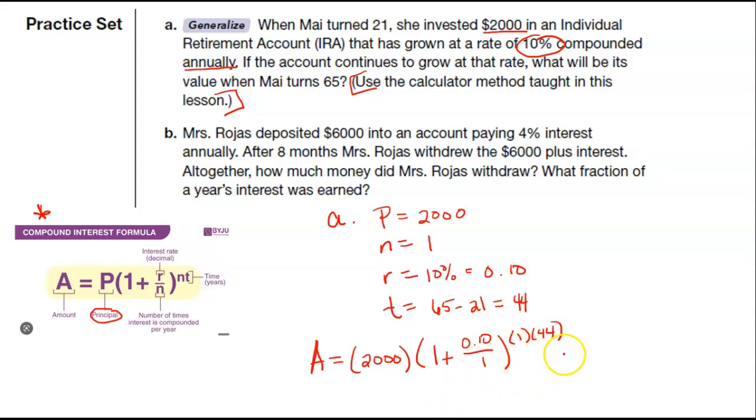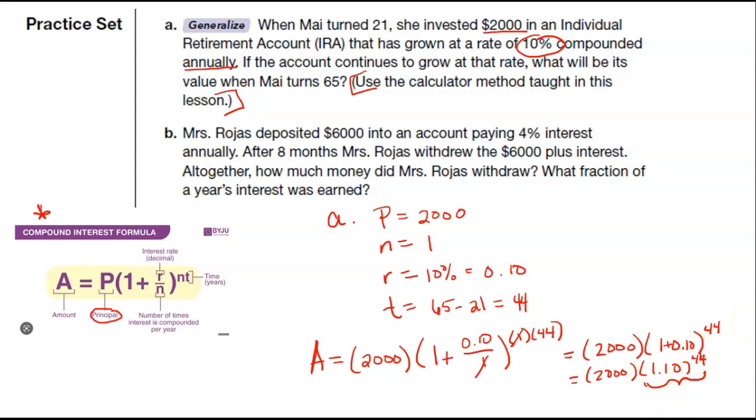This equals 2,000 times 1 plus 0.1 to the 44th power. We can take this out, and 1 times 44 is 44. So I have 2,000 times 1.10 to the 44th power. I have to do this first, and I can do it on my calculator.